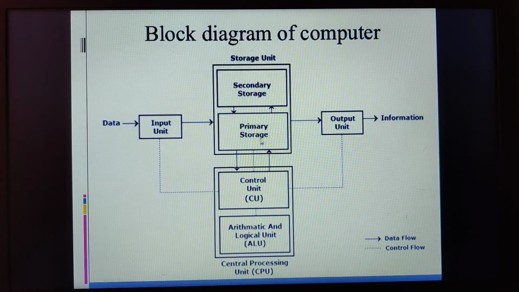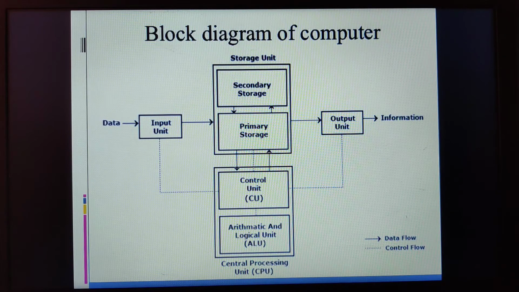The primary memory will store the output data, then forward that output to the output unit. Through the output unit it will forward the data in the form of information. Then through output devices like the monitor and speakers, we will be able to see the output.